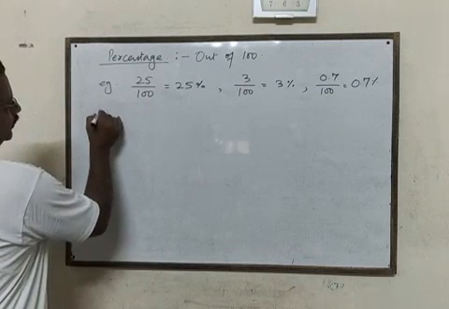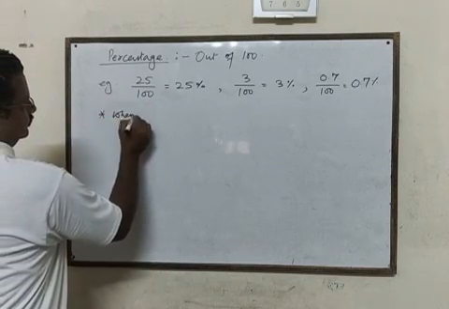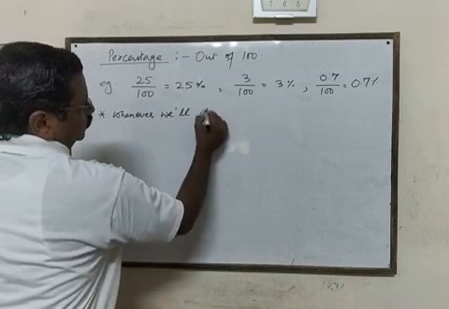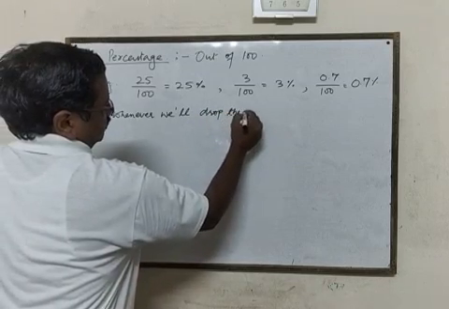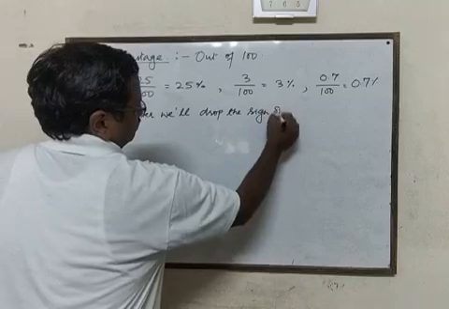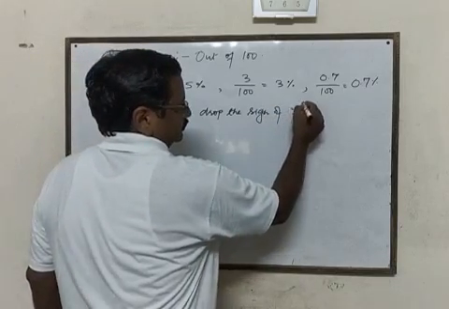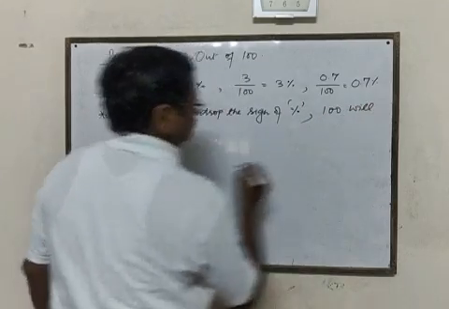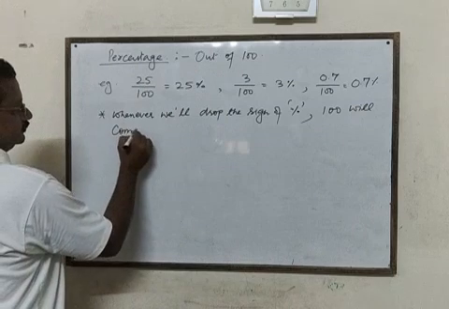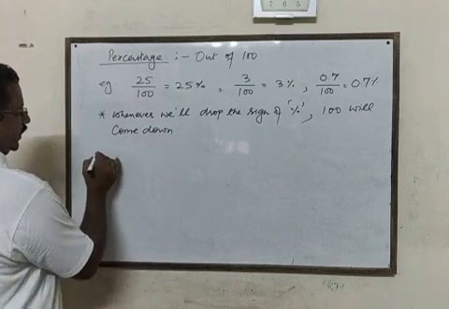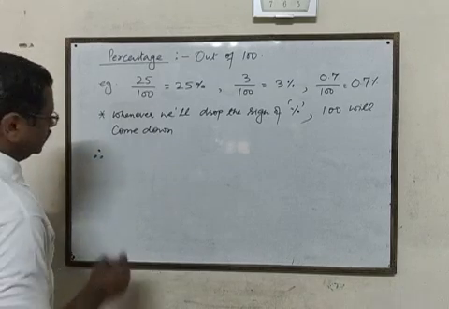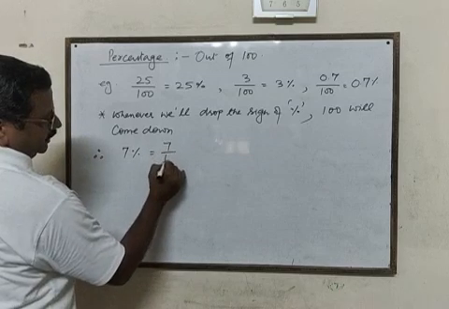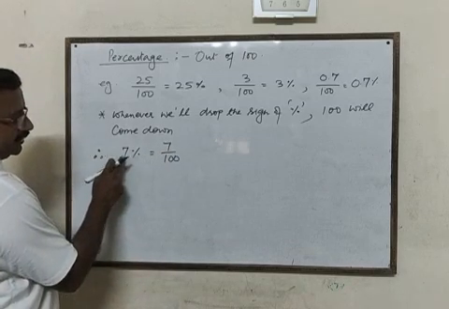So note this step. Therefore 7% can be written as 7 upon 100. Remove the percent sign, 100 will come down.